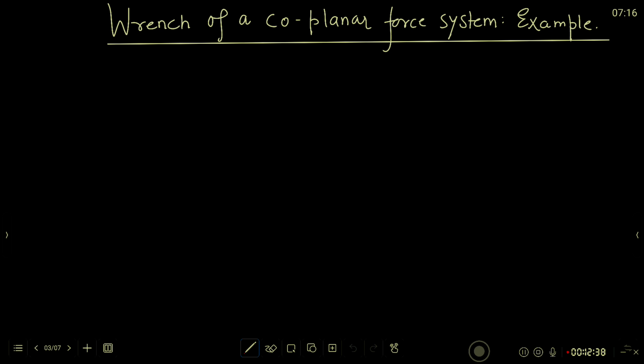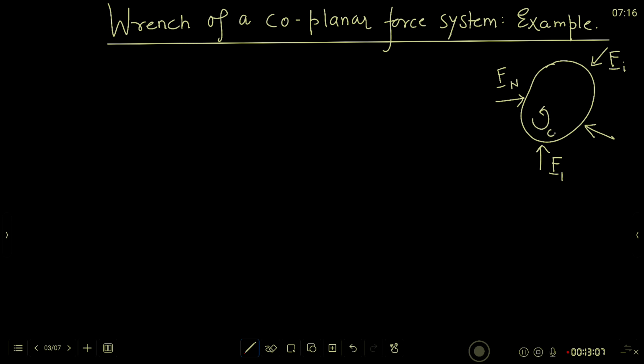So if I have, let's consider this RB, and as I said, in a coplanar force system, all these non-couple forces are in this plane, and if there are torques, their direction is perpendicular to the plane.